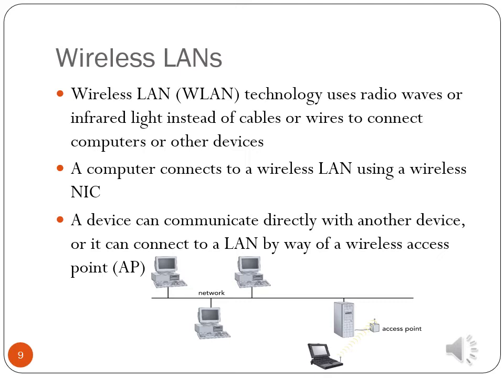But in either case, it works like a hub, which means that any packets coming from a computer using the access point, or off the network using the access point, are simply broadcast to all other computers using that access point. And the rule still applies that only one computing device can broadcast at a time through the access point.